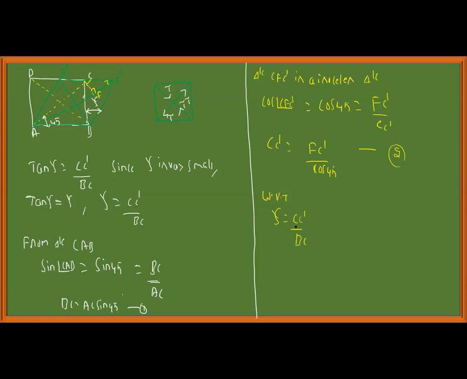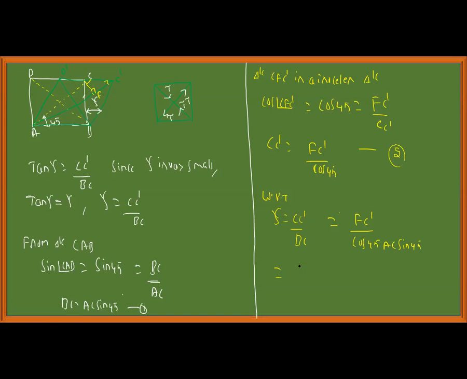Okay. From expression 2, I can write CC' is equal to FC' by cos 45, and BC is equal to AC sin 45.